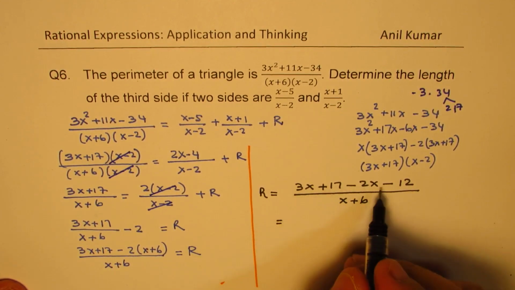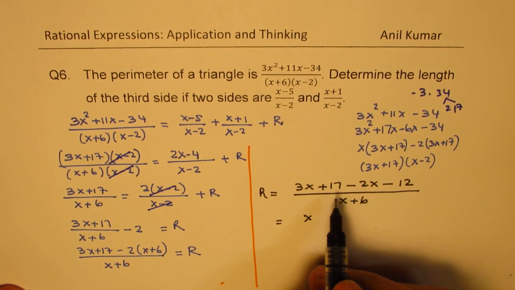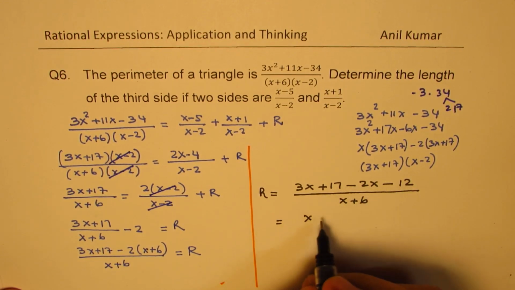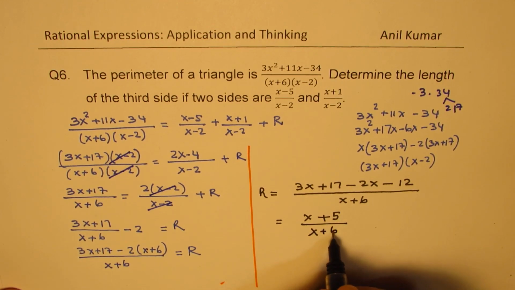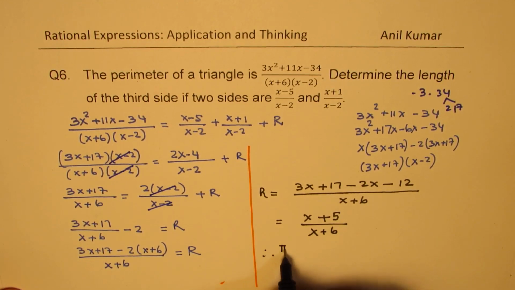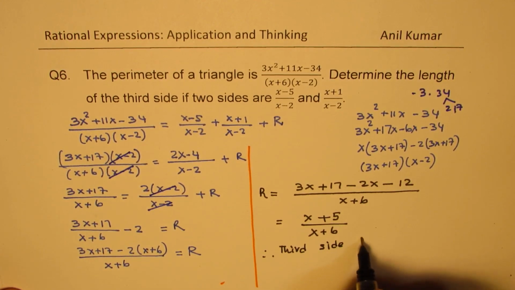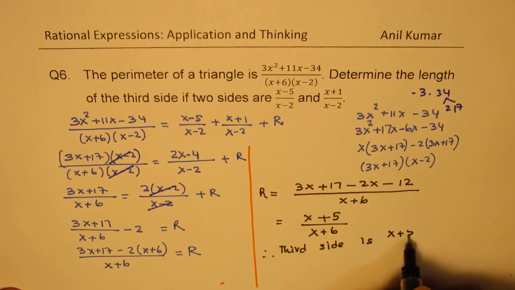So 3x minus 2x is x, and 17 minus 12 is 5, over x plus 6, right? So therefore the third side is (x plus 5) over (x plus 6).